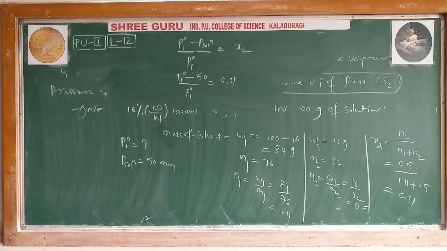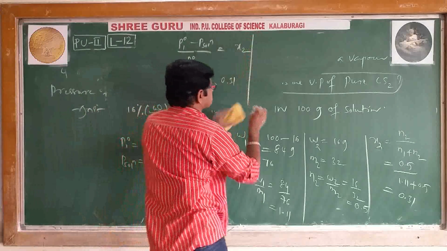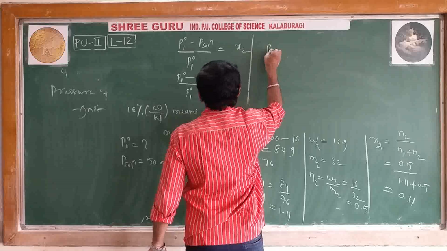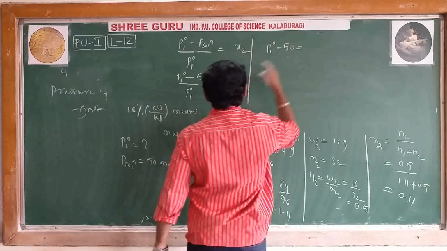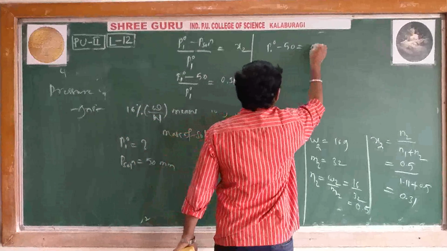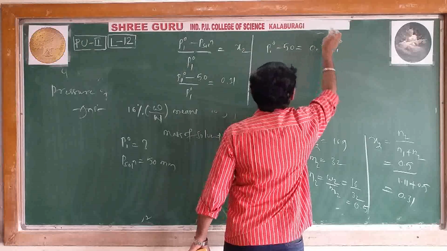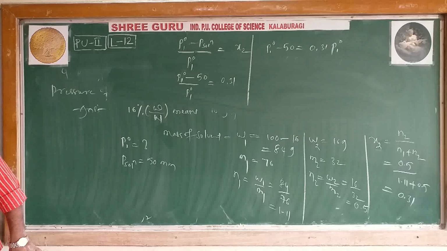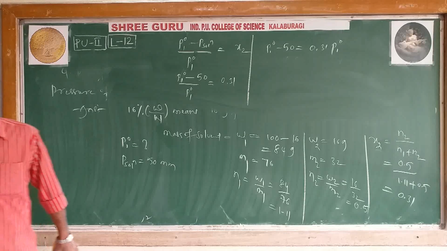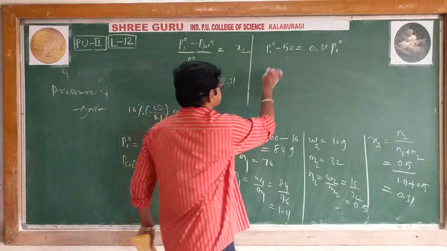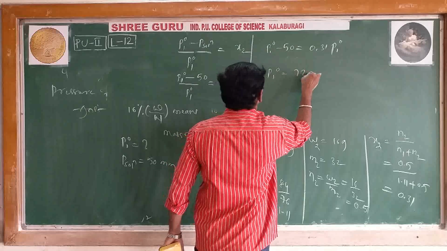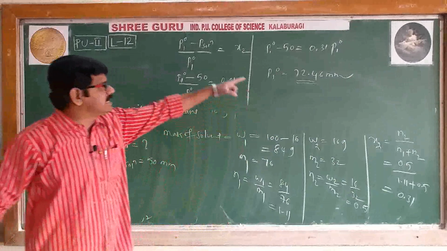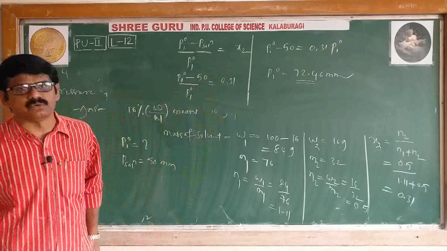Next we do a cross multiplication: P1 naught minus 50 is equal to 0.31 P1 naught, and if you do simplification you will get 72.46. P1 naught value is 72.46 millimeters of mercury.